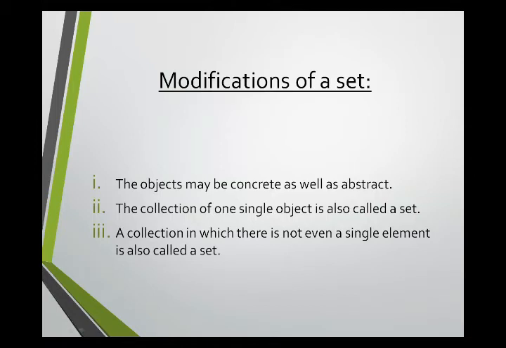Now the third one is that a collection in which there is not even a single element is also called a set. Here is an example to understand this set: the set of months of the Christian calendar having 32 days. So this is a set without any element. As you know, there is not even a single month having 32 days. So this kind of set has no element inside. These are the modifications of a set. How to modify a set in these ways, I will explain to you.